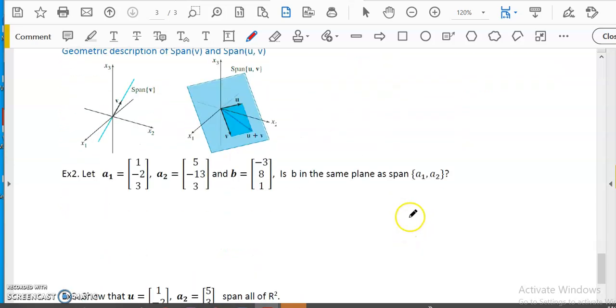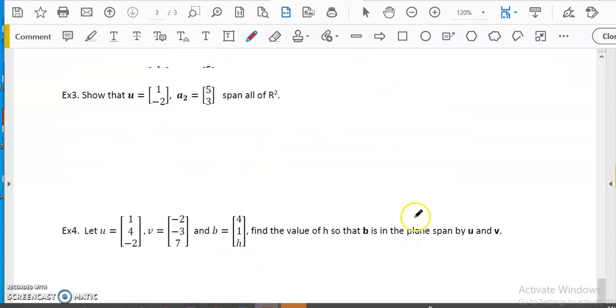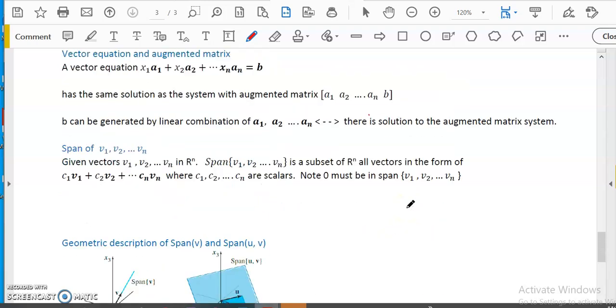The second concept I want to cover is something called span, which is very important. If I have a list of n vectors, the span of v1 to vn means all the linear combinations of v1 to vn for all scalars.